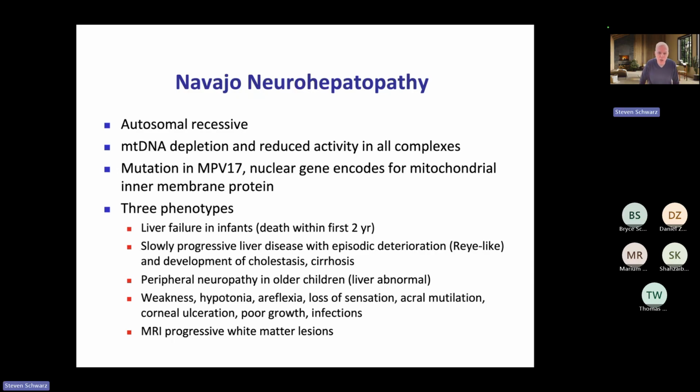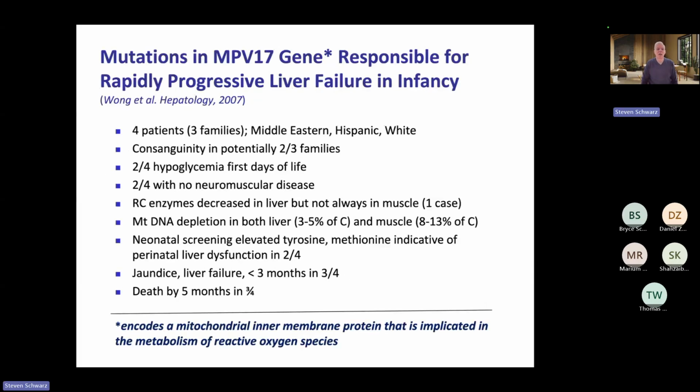MPV17 is another one. Again, very few patients described, consanguinity in 2 out of 3, a variety of disorders. Again, this is just a laundry list of disorders that you will come across. But again, if you see MPV17, it's another mitochondrial depletion syndrome, another one that encodes for the mitochondrial intermembrane protein.